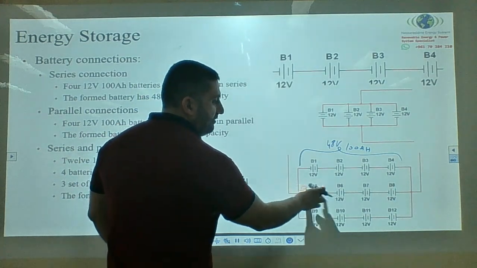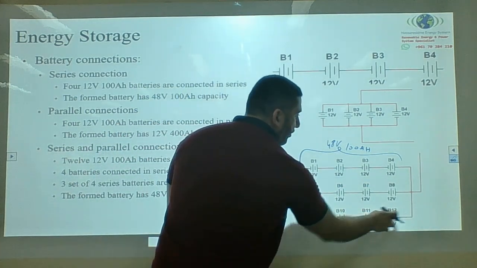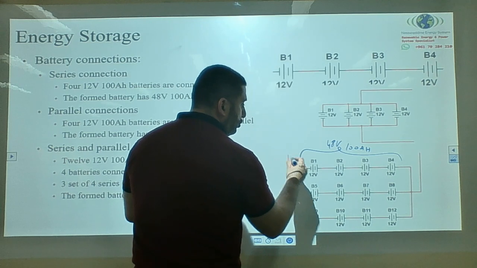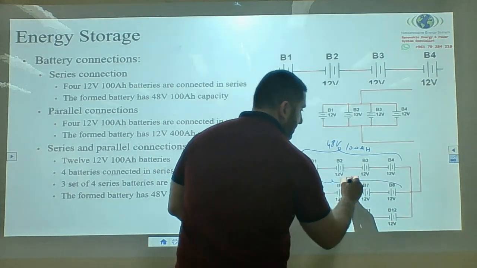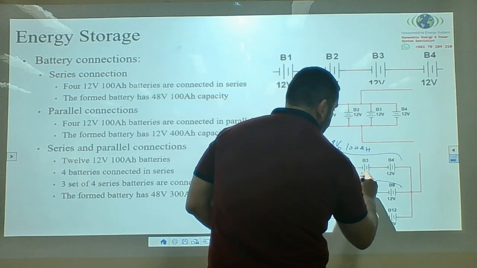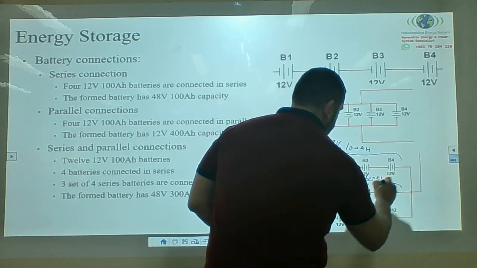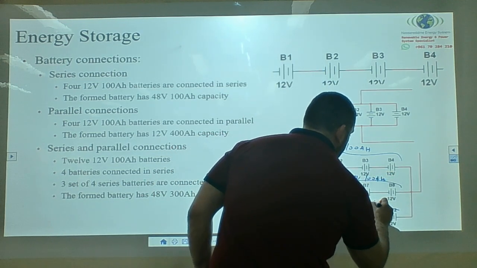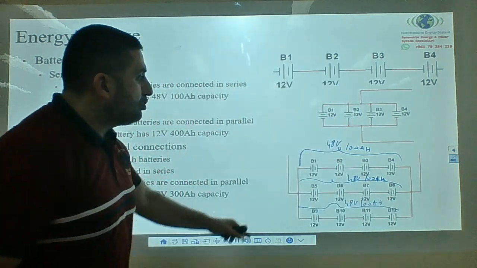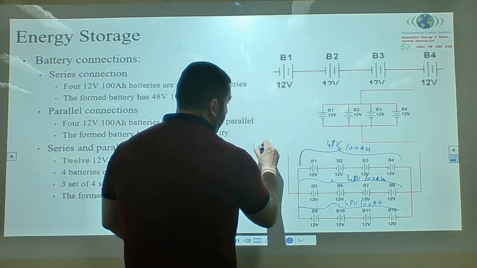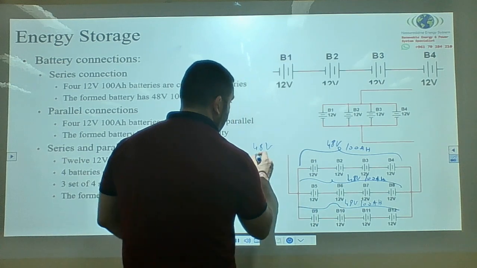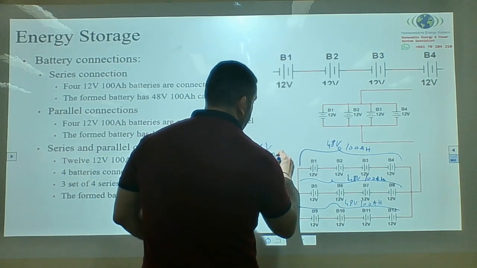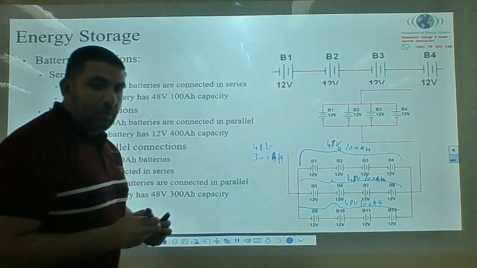Then 48 volt, 100 amp hour. 48 volt, 100 amp hour. The total system will be 48 volt, 300 amp hour battery.